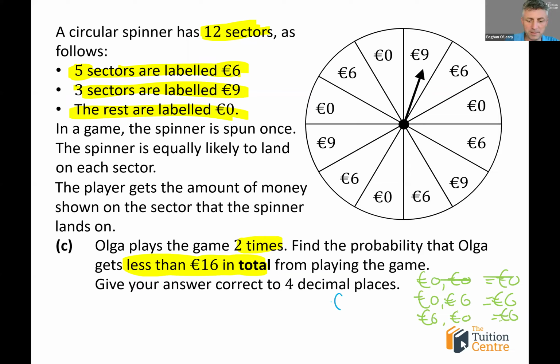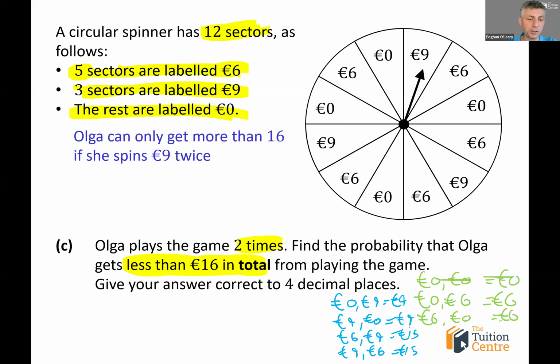She gets 0 and 9, which would be 9. 9 and 0, which would be 9. 6 and then 9, which would be 15, and then 9 and then 6, which would be 15. So I could work out all of those probabilities, add them all up together, and I get an answer. That would be the probability that she gets less than 16.